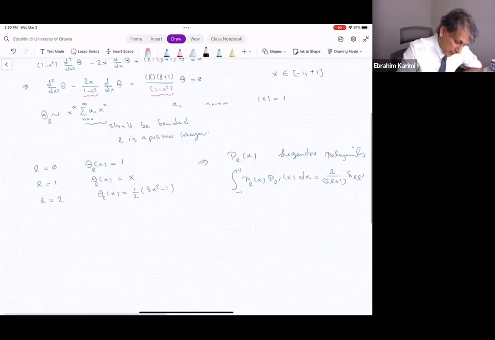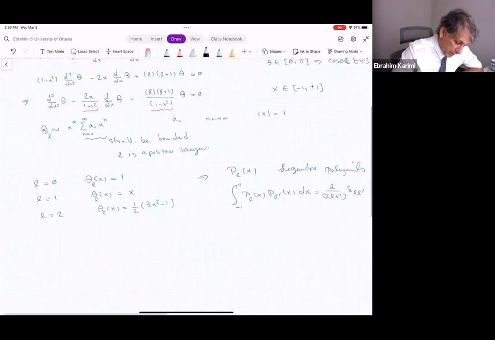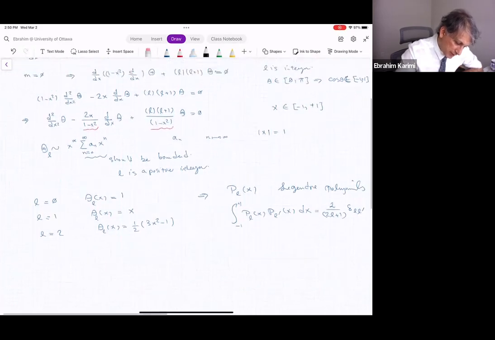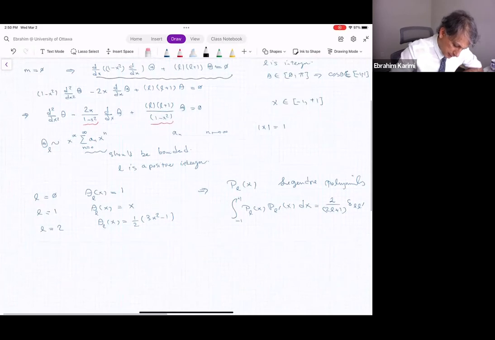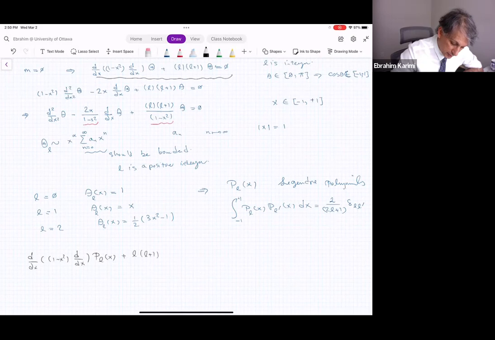Let's go with this form of the differential equation, which is d/dx of (1 minus x squared) dP_L/dx, and we know the solutions are P_L(x), plus L times (L plus 1) times P_L(x) equal to 0.